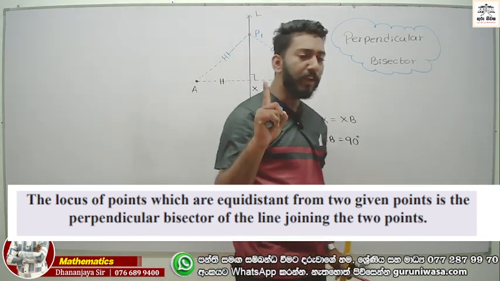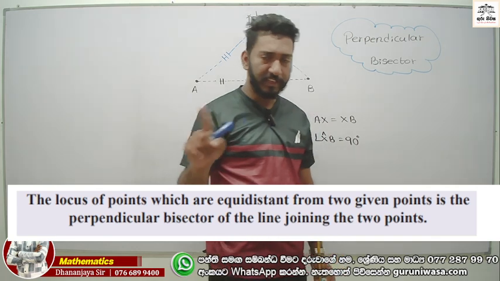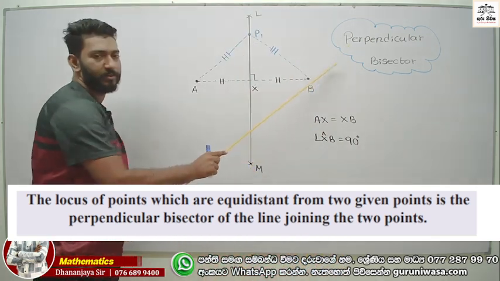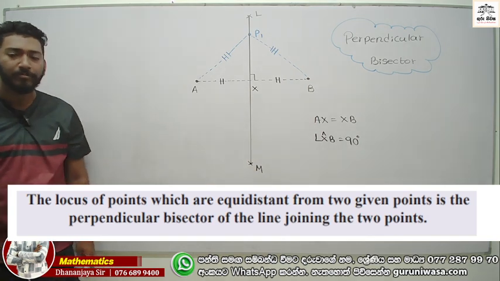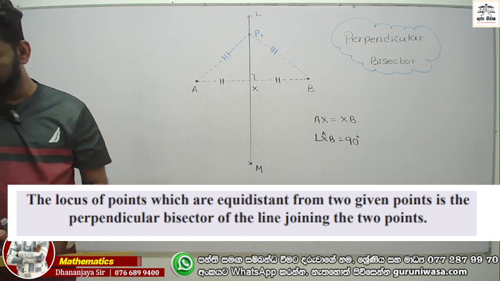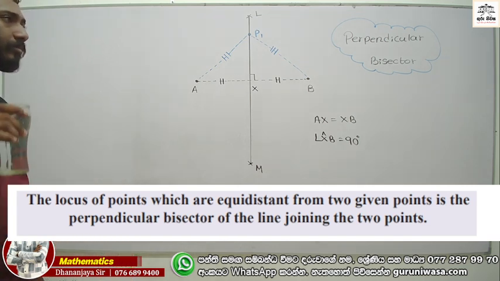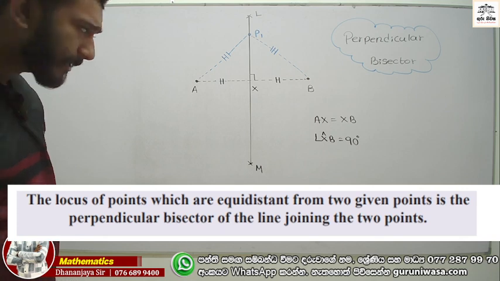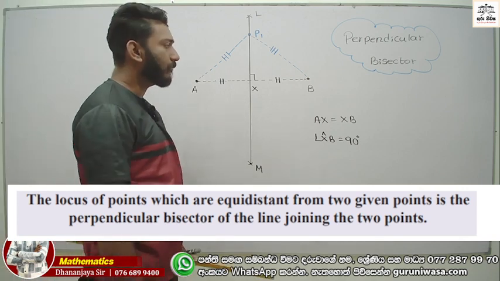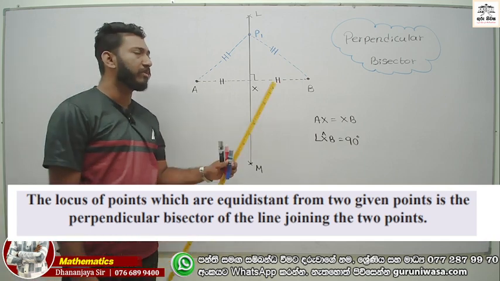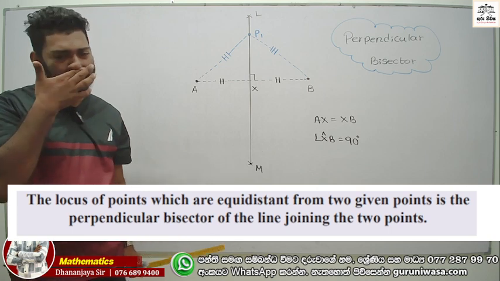With one fixed point, the locus is a circle; with two fixed points, it is the perpendicular bisector, right? Note down all these things. We are going to discuss how to draw the perpendicular bisectors and angles, right?